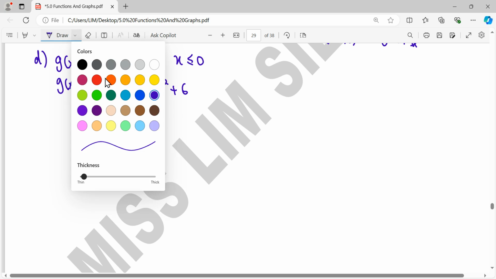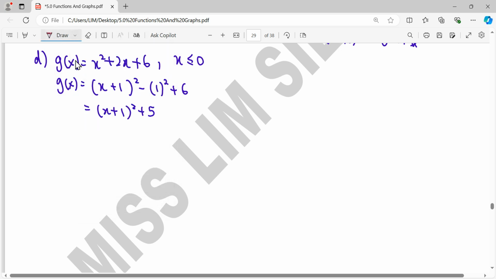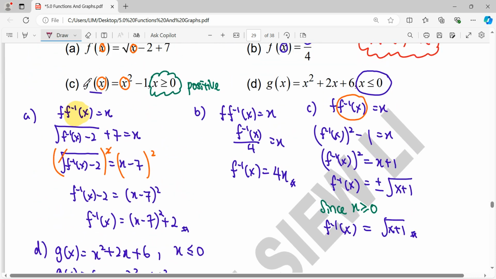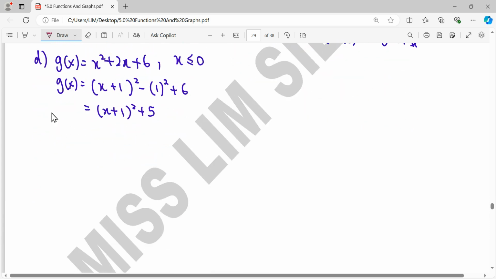So to find g inverse, just now our function was f of x. To find f inverse, f of f inverse equals x. So to find g inverse, it will be g composite with its inverse, and we get x.